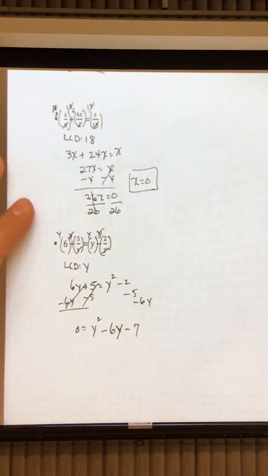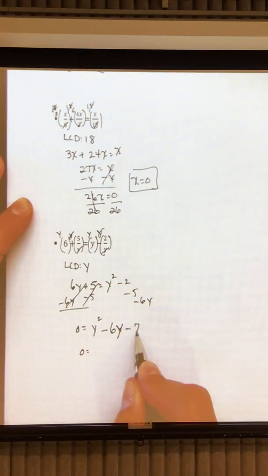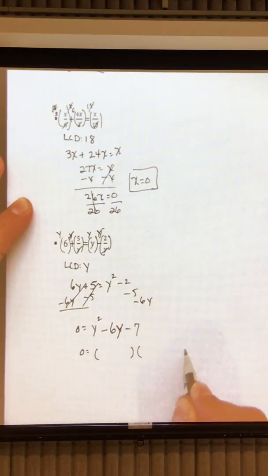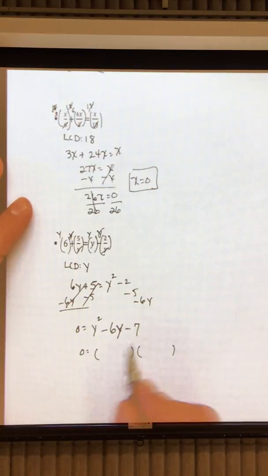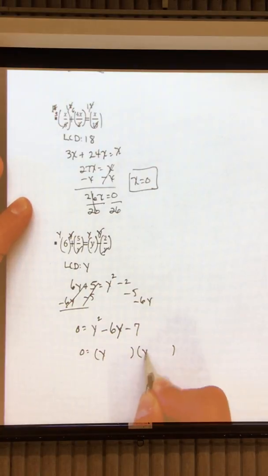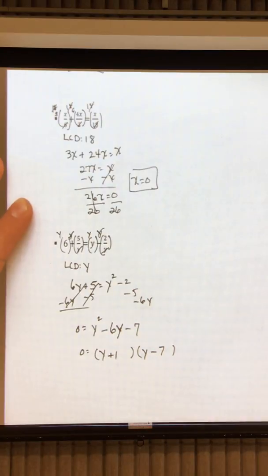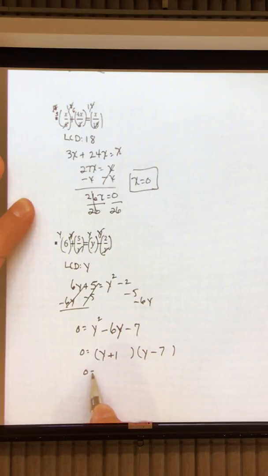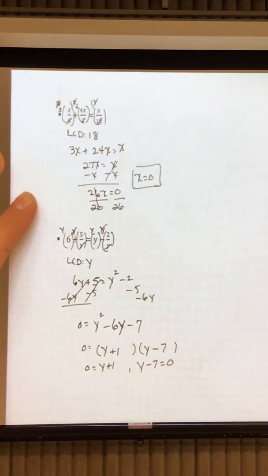Now we can factor. Again, we ask ourselves what two numbers multiplied equal negative 7 and added equal negative 6. And that is positive 1 and negative 7. And here we solve each factor. So y plus 1 is equal to 0, and y minus 7 is equal to 0.